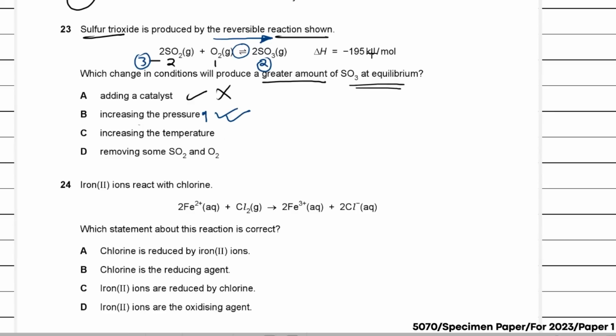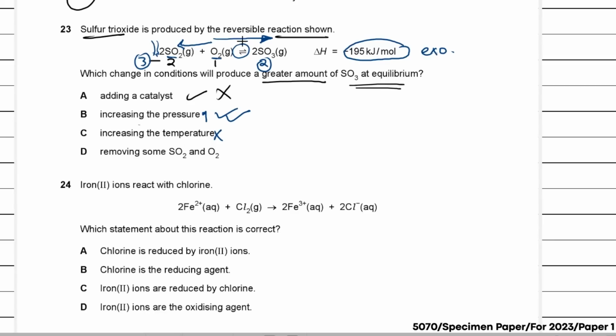Increasing temperature. Right here it's an exothermic reaction, which means this side has more heat. So if we increase the temperature, the equilibrium will shift to the left-hand side, to the endothermic part of the equation. So this is not an answer. Removing some of the sulfur dioxide and oxygen. If we remove the sulfur dioxide and the oxygen, obviously we are giving less amount of reactants. I apologize.